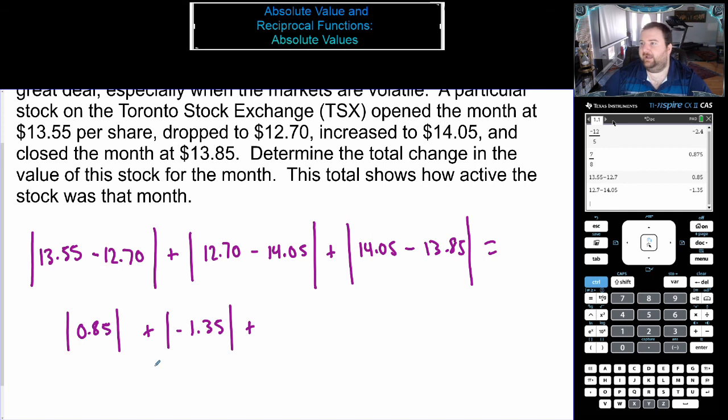And let's do the last one. 14.05 minus 13.85, and that's going to be 0.2. Okay.